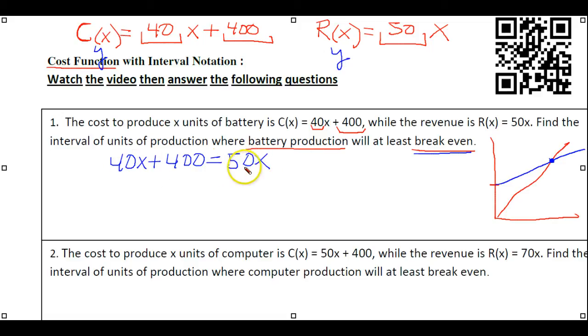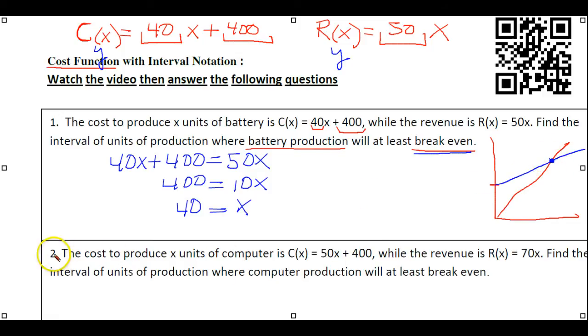We subtract 40x from both sides and we get 10x equals 400. And now you divide both sides by 10, and you get x equals 40. So you would have to sell 40 batteries in order to break even.